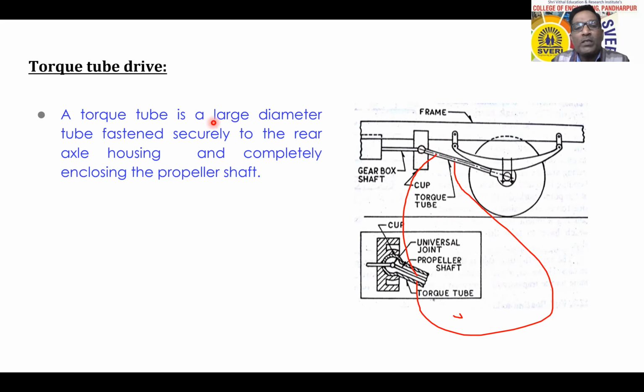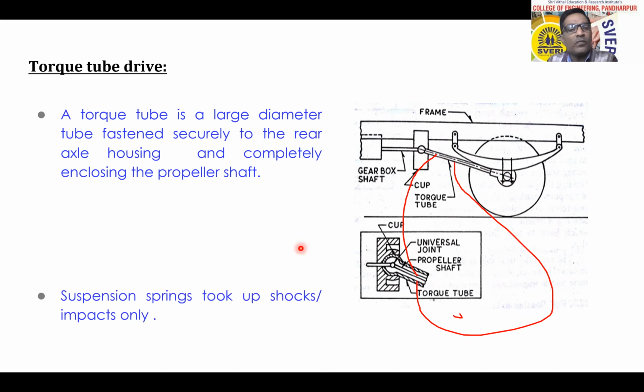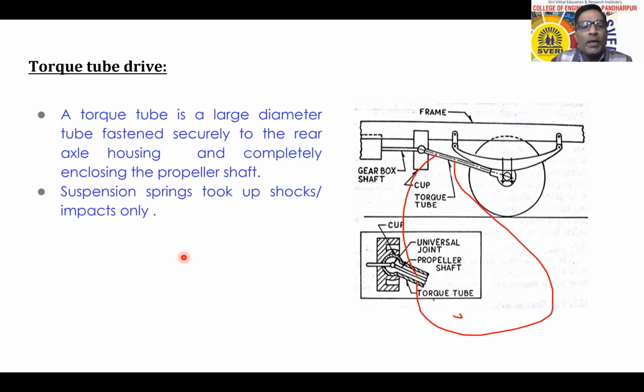A torque tube is a large diameter tube fastened securely to the rear axle housing and which completely encloses the propeller shaft. Right, so like that it is constructed. So here the function of the suspension spring is to take up shocks and impacts only.